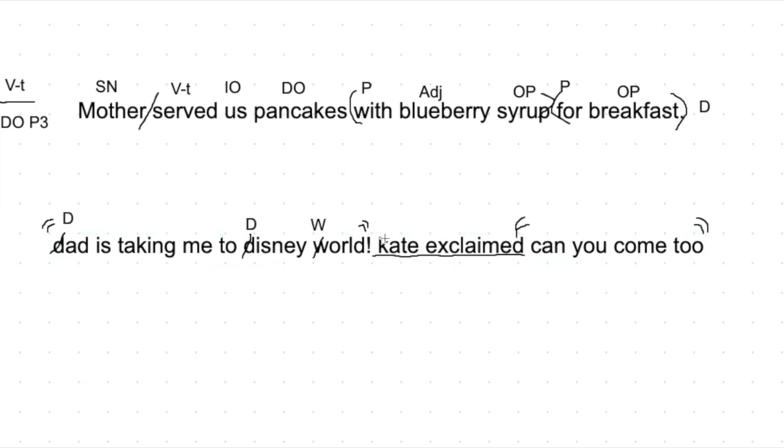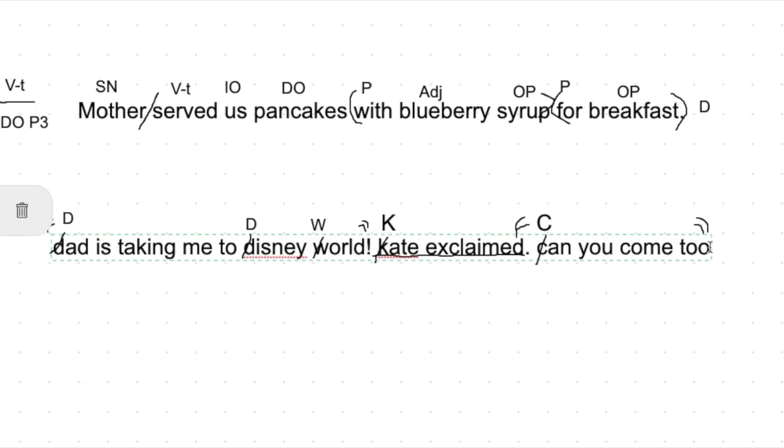And then we need to capitalize Kate because Kate is a proper noun. We need to put a period at the end of the sentence because the end of the actual sentence comes after exclaimed. And we need to capitalize can because that's the beginning of the next sentence and it's the beginning of the quote. Can you come too? That's a question. So we need to put a question mark at the end.